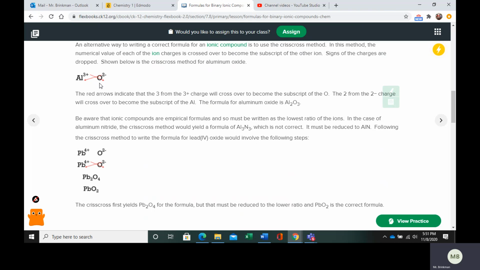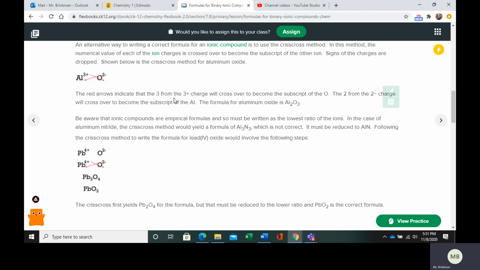So you are going to need 3 oxygens and 2 aluminums. When we have 2 aluminums, we have 3 plus 3. When we have 3 oxygens, we have -2 plus -2 plus -2, which gives you -6. So the formula is going to be Al2O3.